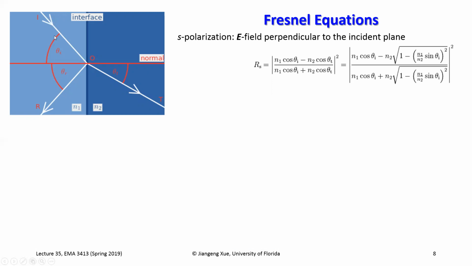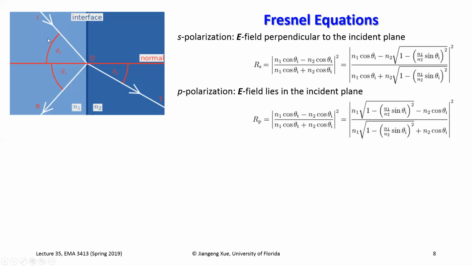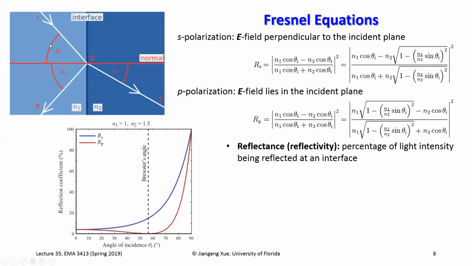We have the so-called S polarization, which is the situation when the electric field is perpendicular to the incident plane. The incident plane is formed by the incident and the reflected light. So for the S wave, the electric field is perpendicular to this plane, oscillating in and out of this plane. And we also have P polarization, in which case the E field is in this plane, so it's oscillating as I'm showing here with the arrow. For these two different polarizations, the reflectance may be different.